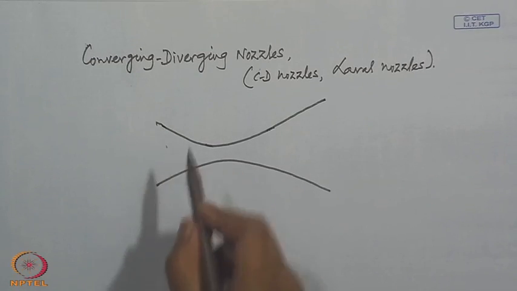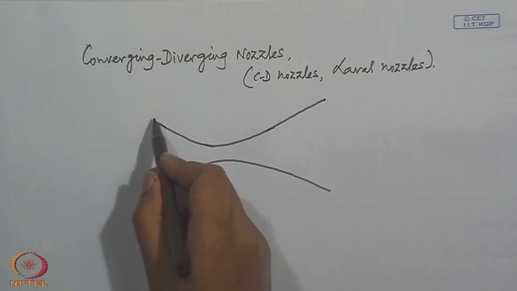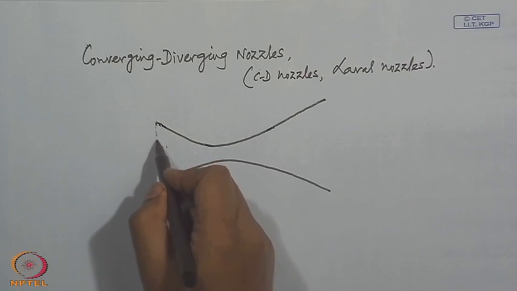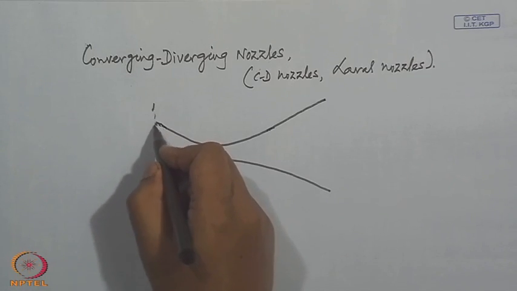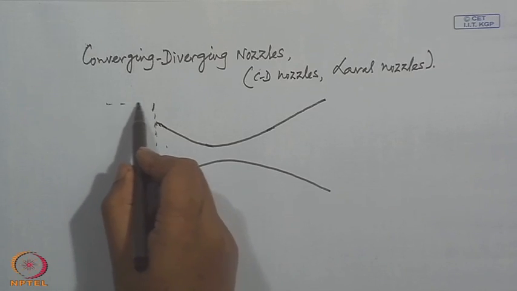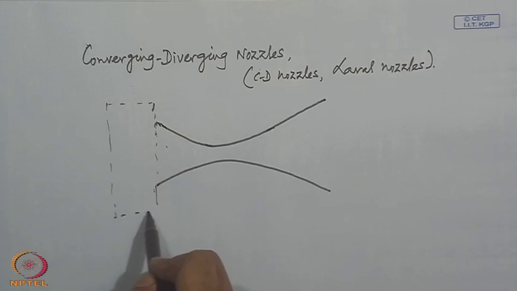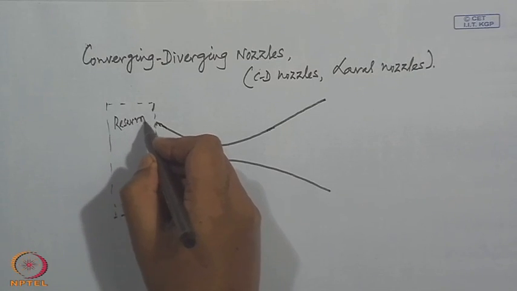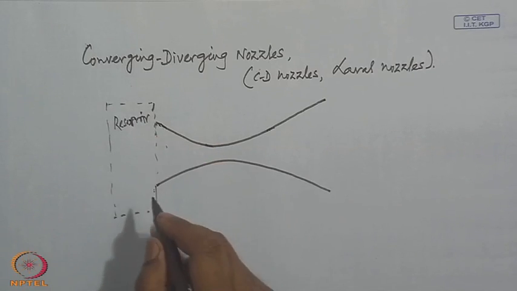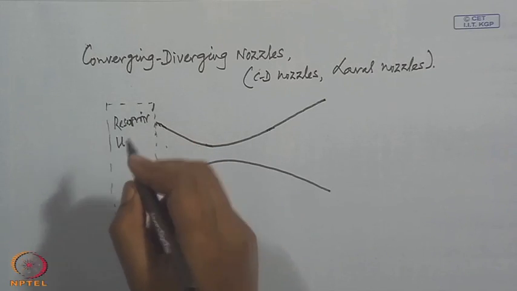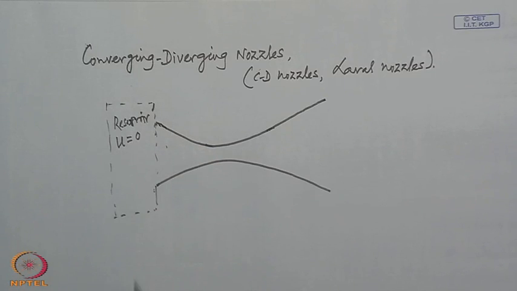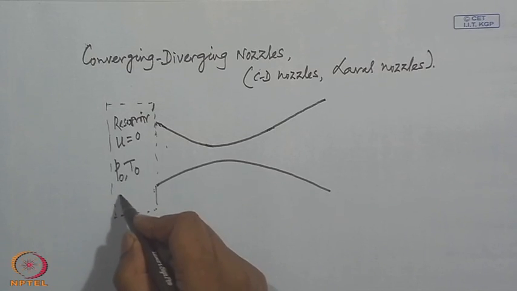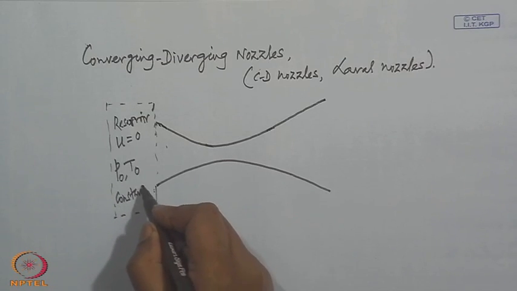Once again, let us consider that this converging diverging nozzle is connected to a reservoir, where there is no flow velocity, and P 0 and T 0 are held constant.